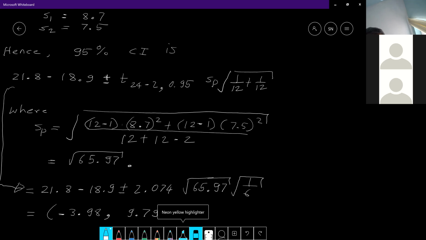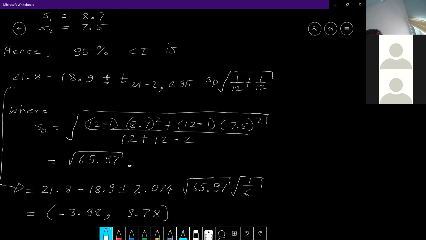Okay, so this is the 95% confidence interval for mu1 minus mu2.